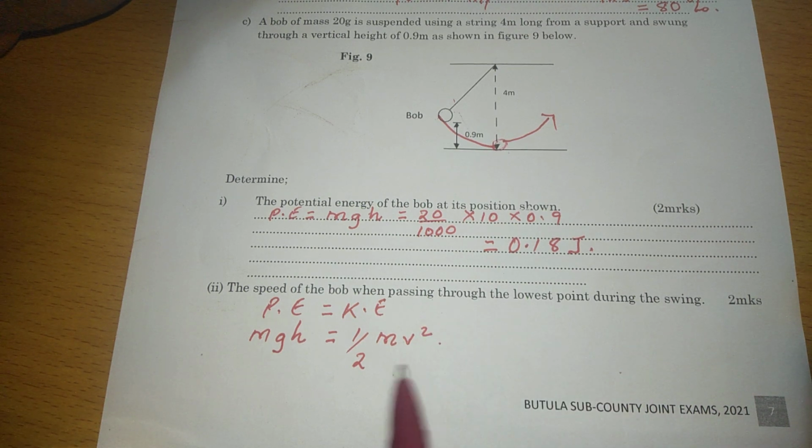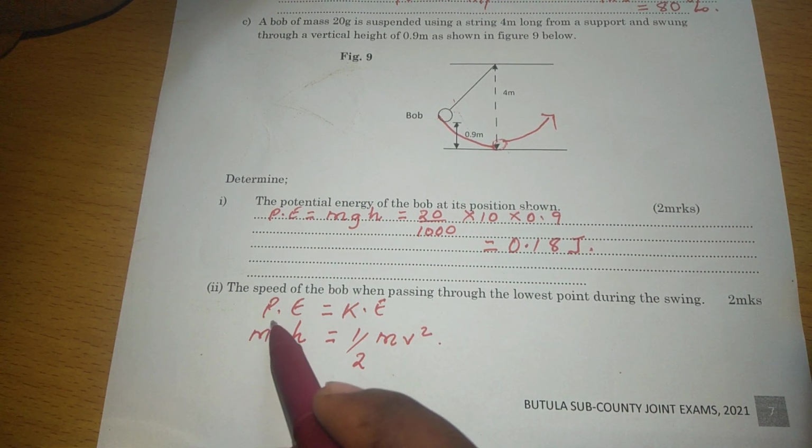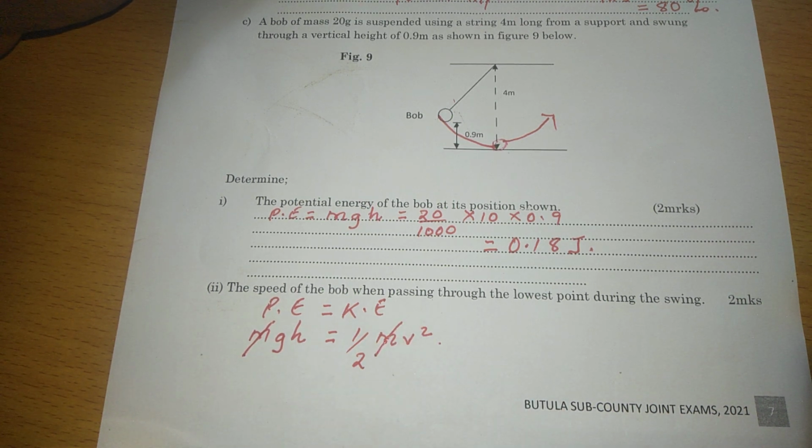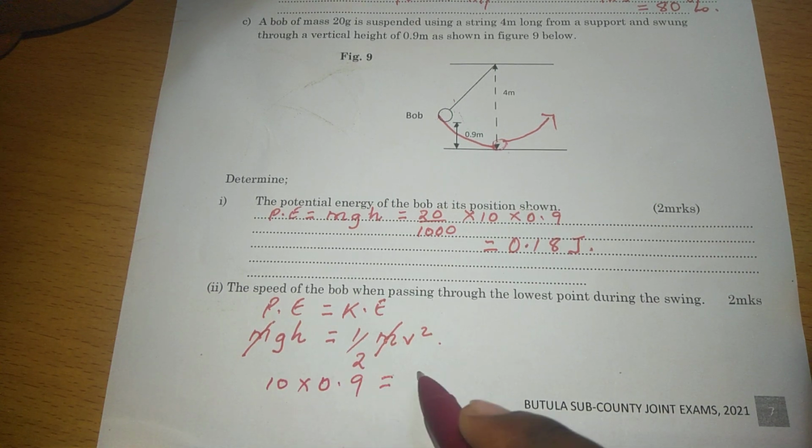Because mass is appearing on both sides and it is the mass of the same body, it can cancel out, so that we may say G, which is 10, times 0.9 should be equal to half times V squared.